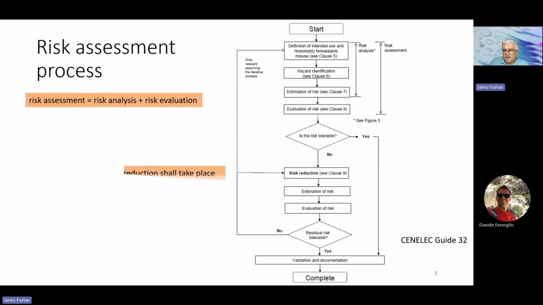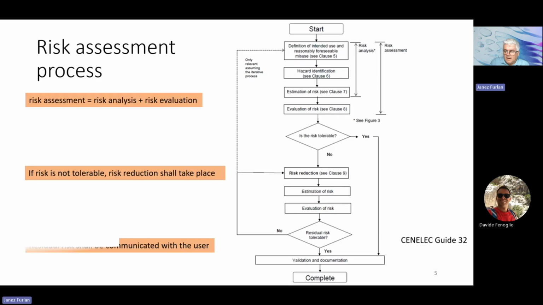We need to know that risk assessment has some steps which will systematically address the hazards which may be identified with the product itself. And then we have some common methodology to evaluate whether these hazards can materialize in an unfavorable situation, like injury of the user, or fire in the home, or environmental damage.